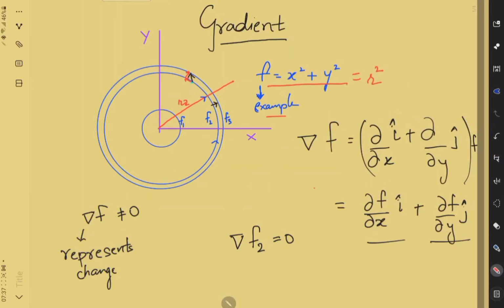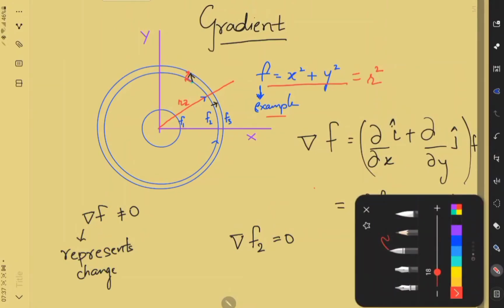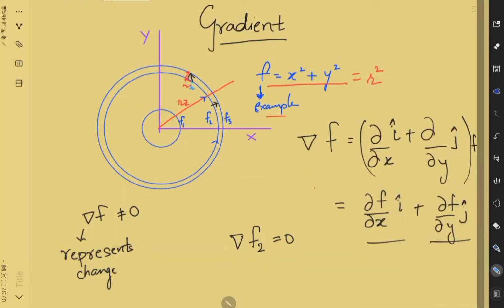Since along the tangential direction f2 is the same, this tangential component will become 0, because for it delta f is equal to 0.